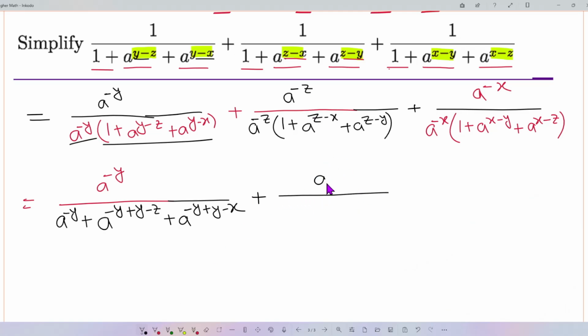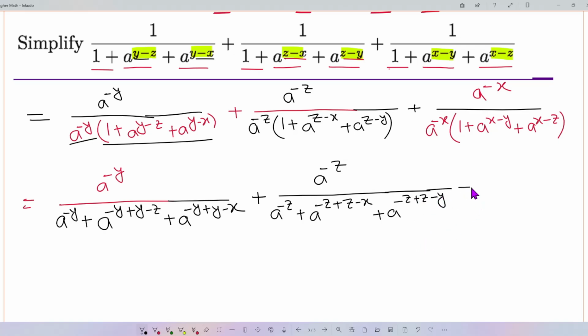Similarly, here is a to the power minus z, and in the denominator we can write a to the power minus z plus a to the power minus z plus z minus x plus a to the power minus z plus z minus y.